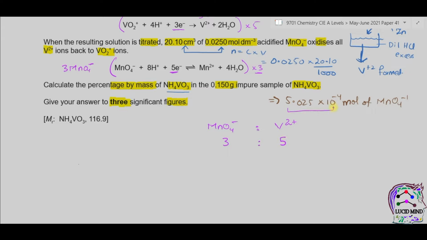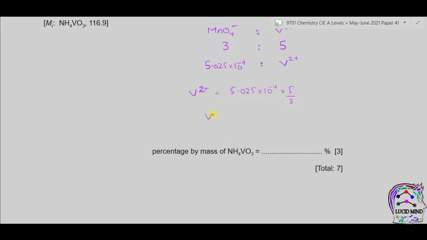As we have this many moles of MnO4-, now we can find the number of moles of V2+ by cross multiplying. So the number of moles of V2+ comes out equal to 8.375 × 10^-4 moles.